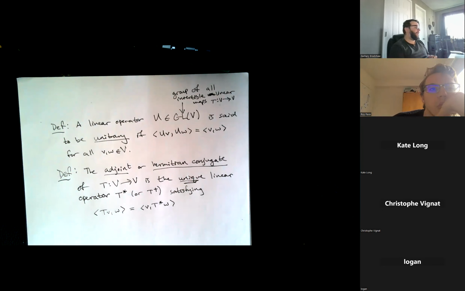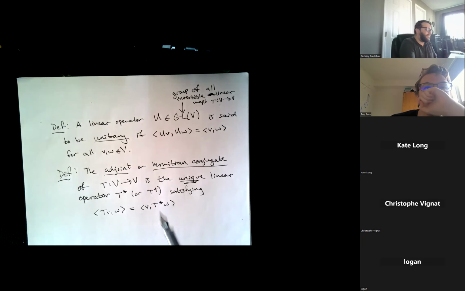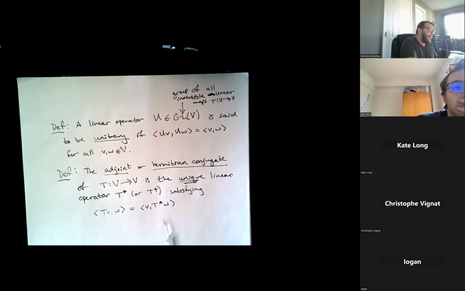Okay, so uniqueness of this operator follows from what's called the Riesz representation theorem, but I won't go into that. Anyway, the point is that there's a unique operator satisfying this equation, and that's how we define this adjoint or the Hermitian conjugate. So if you, once again, are a physicist doing quantum theory, then you know the matrix definition of Hermitian conjugate, which is that it's the conjugate transpose.